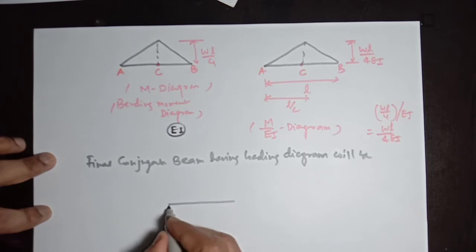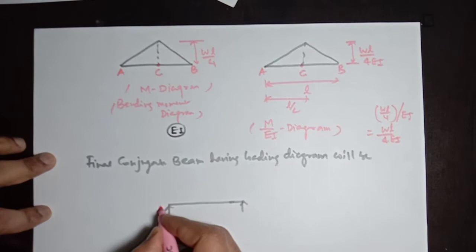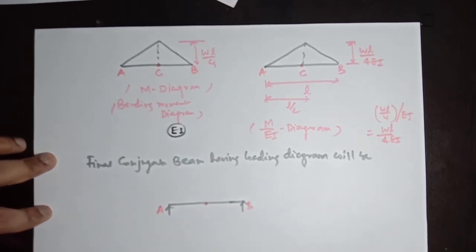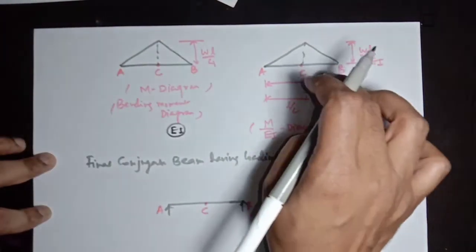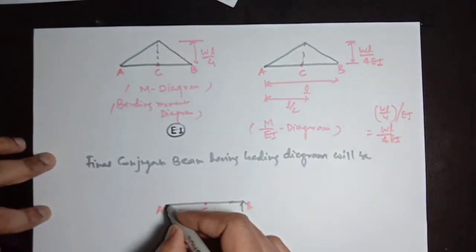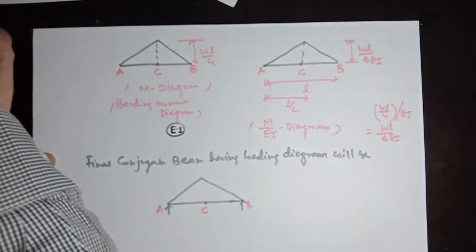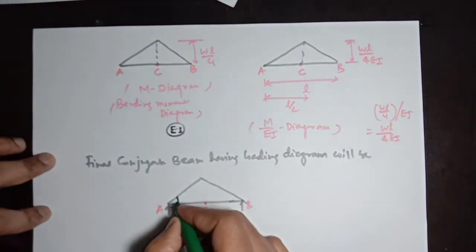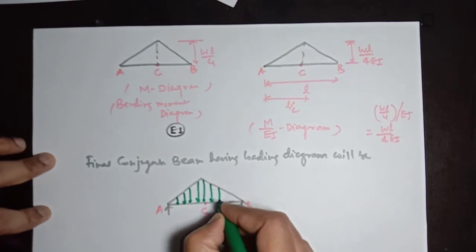here, something like this. This is support A, this is support B, and there is a point C, which is the center of this beam, and this is the M over EI diagram. It will be directly put on this beam to make its loading diagram, so it will have a loading diagram of this pattern.